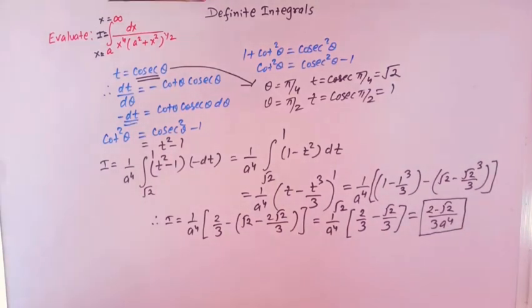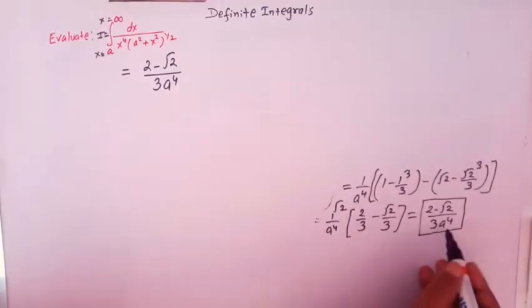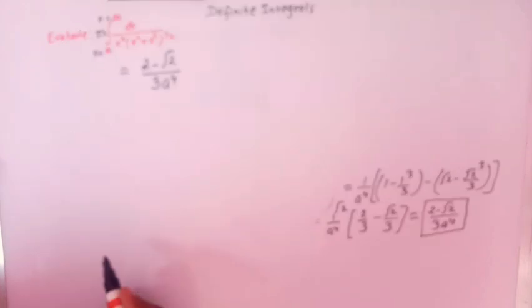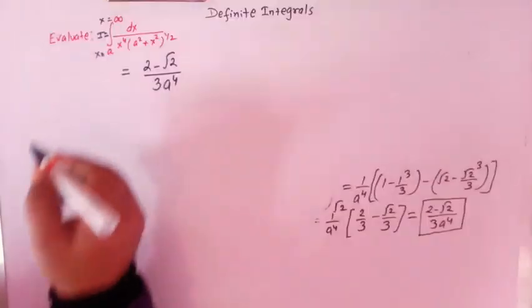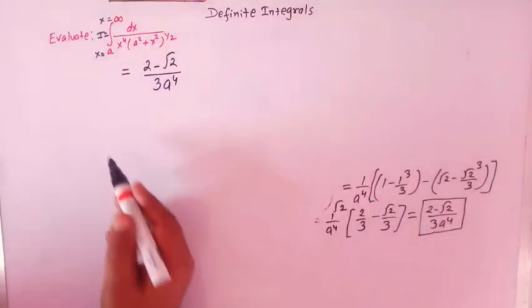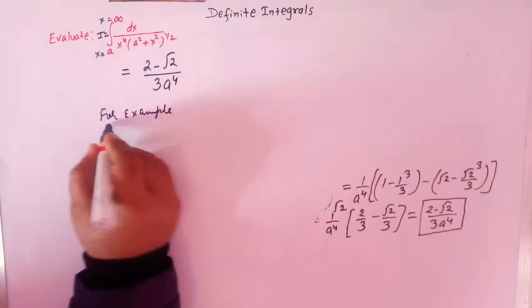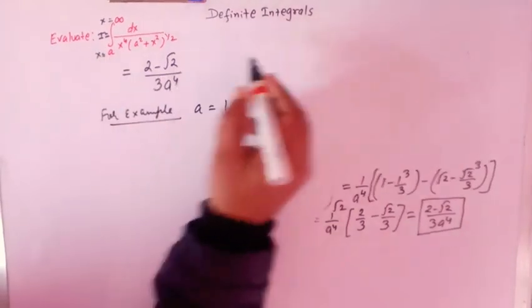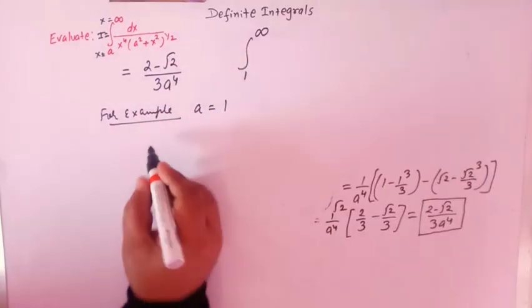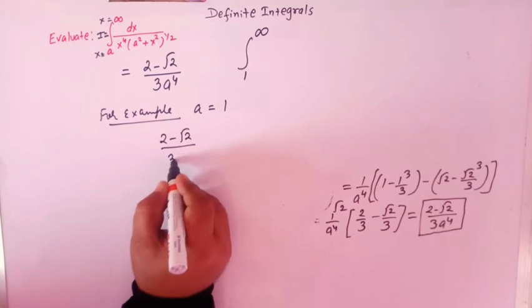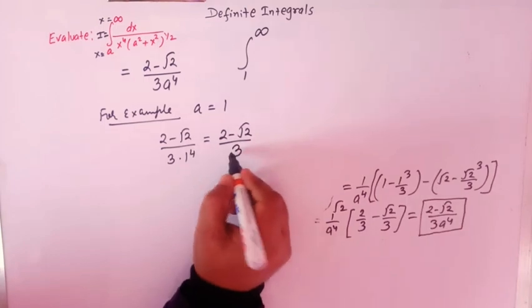Now viewers, here I would like to mention one important thing. Here a is a constant and a is non-zero, and if we assign a particular value to a, then we can deduce different results. For example, if we take a is equal to say 1, then the integral becomes 1 to infinity, right? So then this result would become 2 minus root 2 over 3 times 1 raised to 4, that is 2 minus root 2 over 3, right?